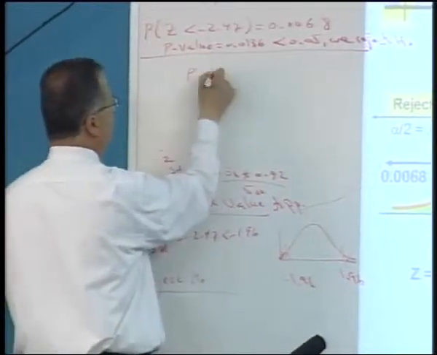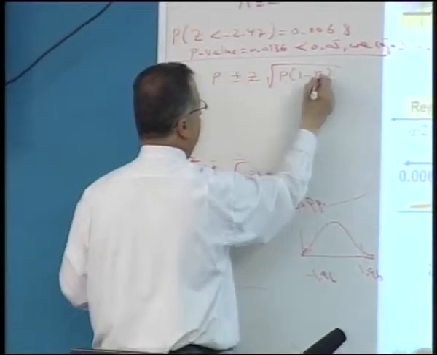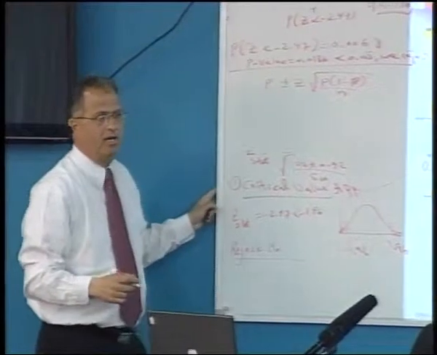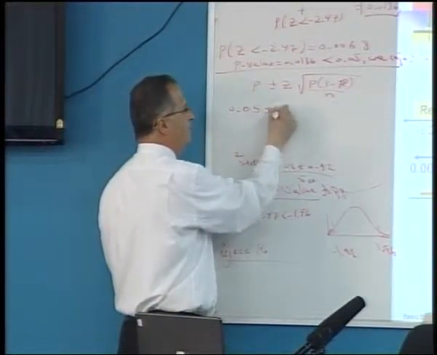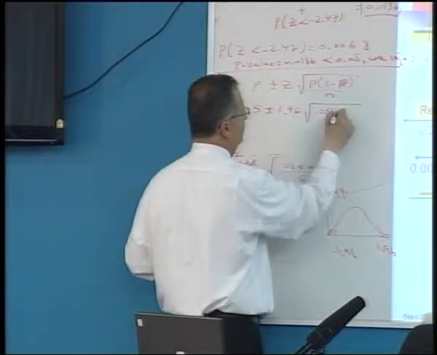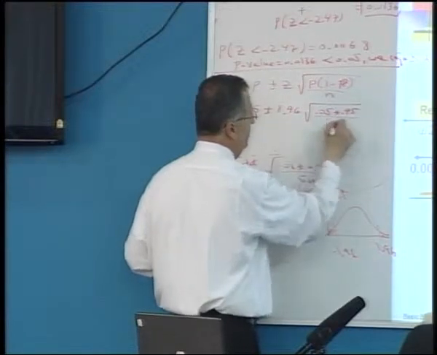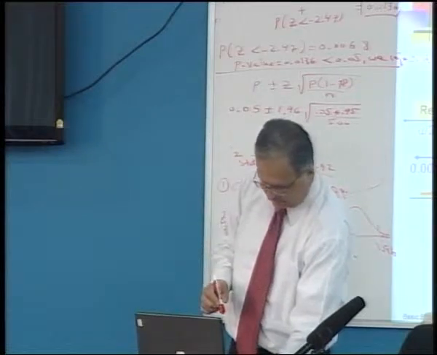The confidence interval is p plus or minus z times the square root of p times 1 minus p divided by n. So p is 0.5 plus or minus 1.96 times the square root of 0.5 times 0.95 divided by n. Let's compute the two limits.